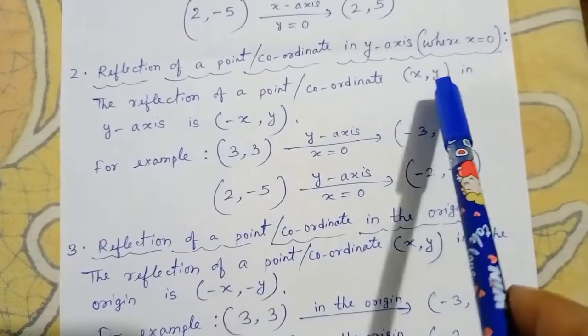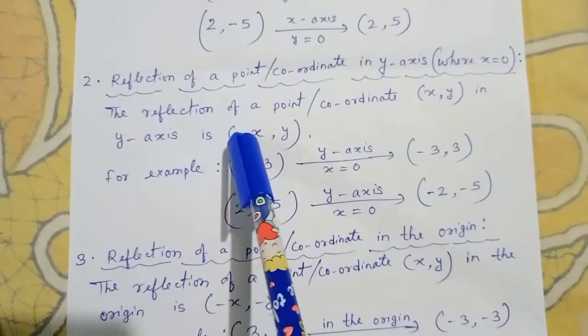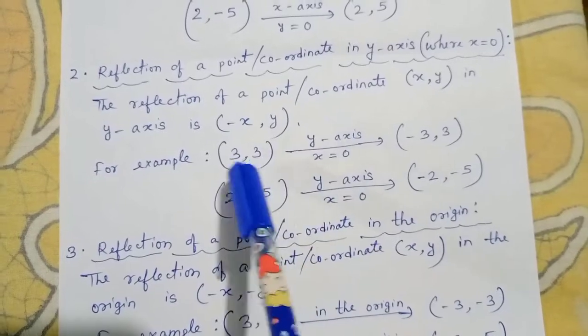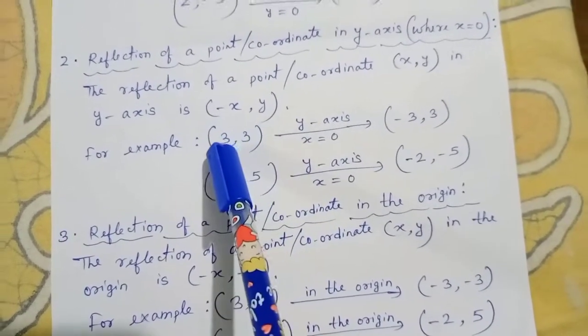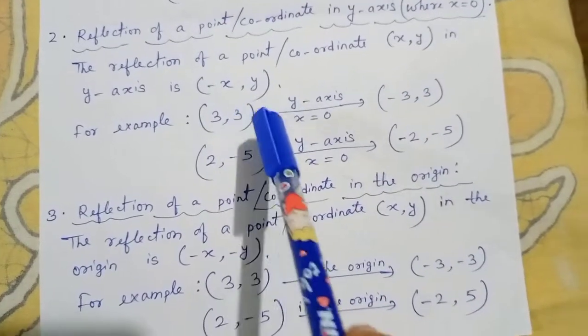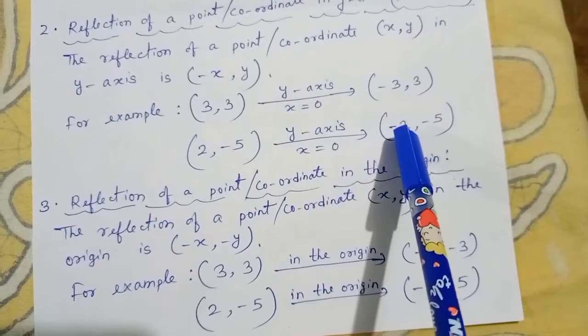What happens? The first value changes. x, y becomes minus x, y. Here in 3, 3 only this first 3 will change, plus 3 became minus 3, the second value doesn't change. Here also this plus 2 will change to minus 2, and minus 5 is the same. So same thing.